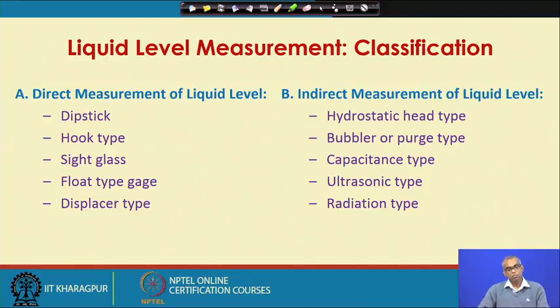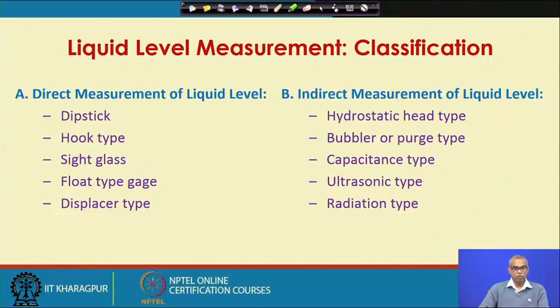So, this is one possible classification of level measuring instruments. Broadly, we classify them into two categories: direct measurement of liquid level and indirect measurement of liquid level. Under direct measurement of liquid level, we have dipsticks, hook type, sight glass, float type level measuring gauge, and displacer type level measuring gauge.